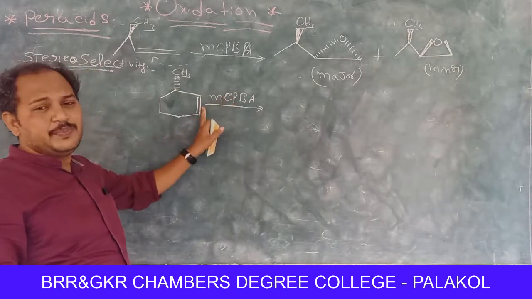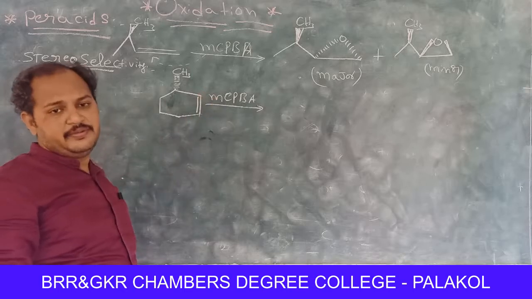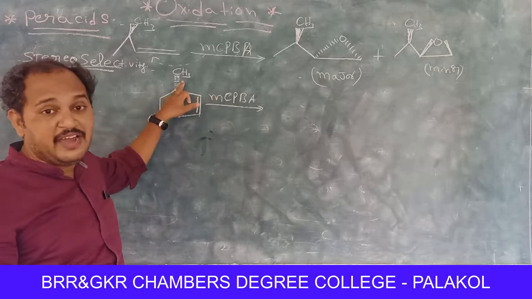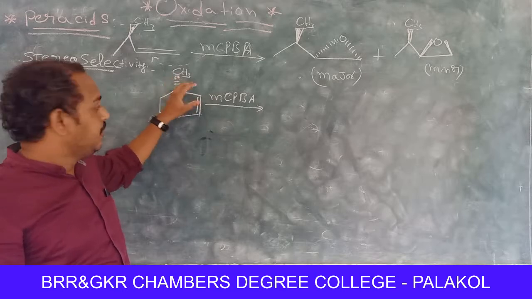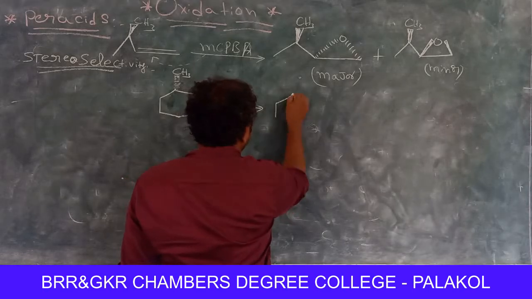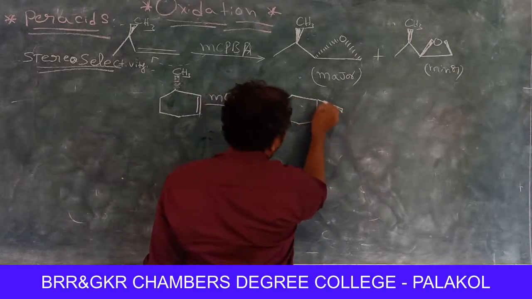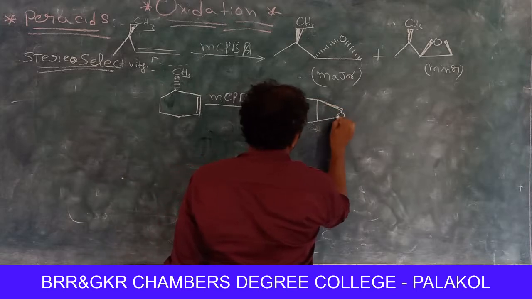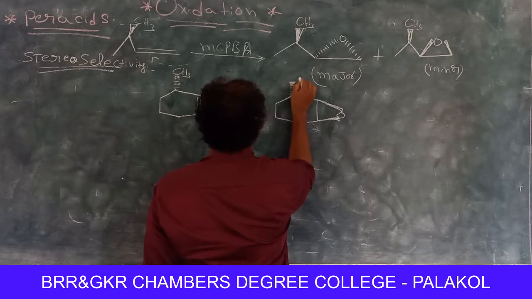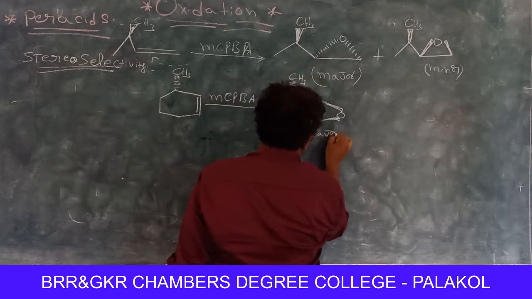Automatically the epoxide formation takes place from above the plane. Why? Because below the plane has some steric crowding. So the major product is only from above the plane. So this is the product, and this is the only major one.